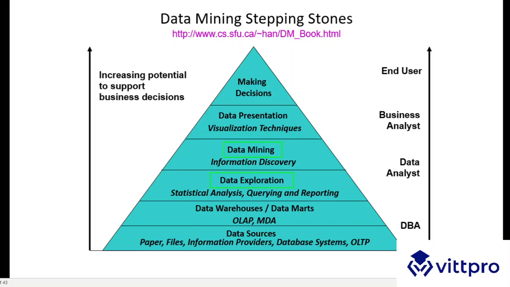So this is the structure of data mining between the data warehouse that we have learned and the business decisions. We have actually learned data visualization and presentation and how we make decisions. We learned yesterday about the data warehouse and data sources. Now we are looking at the information discovery part. Clear, right?